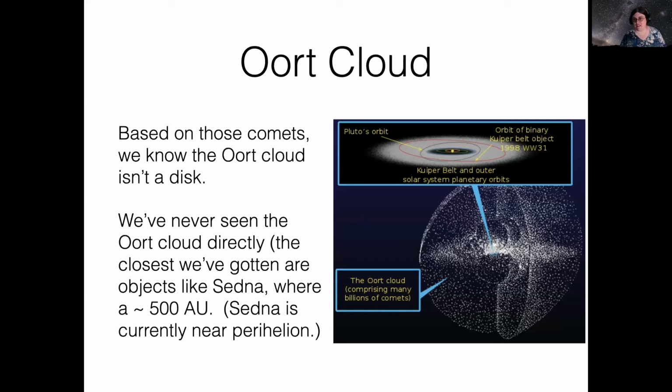Sedna's semi-major axis is about 500 AU. And we think the Oort cloud, at least the part of it that sends comets at us, extends out to 50,000. There's some thought that there might be an inner part of the Oort cloud where the comets are a little more firmly attached. We don't often see stuff from them. We don't often get them knocked into the solar system, which is even harder to see because we're not even getting those.